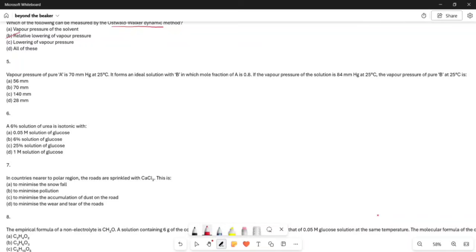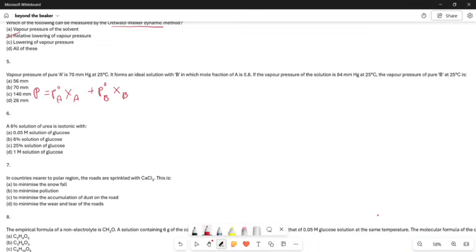According to Raoult's law, the total vapor pressure P is equal to the partial vapor pressure exerted by component A plus the partial vapor pressure exerted by component B. That is, P is equal to P naught A into XA plus P naught B into XB.